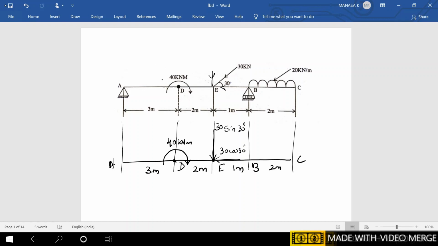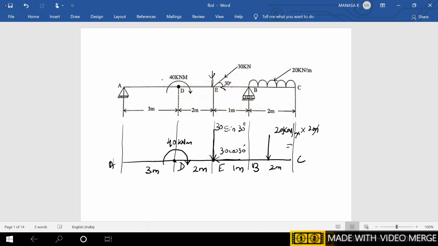Next, if there is any other load, that is UVL and UDL, you convert it into a point load. So it is having a UDL of intensity 20 kilonewton per meter. So the point load is at the middle with the intensity, that is the area of the rectangle, 20 kilonewton per meter into 2 meter.